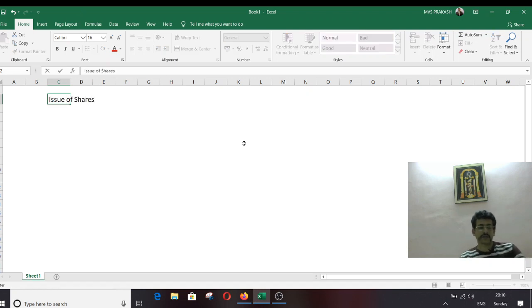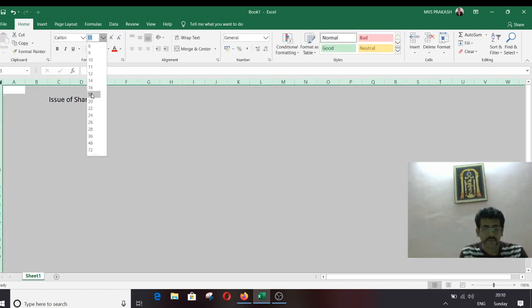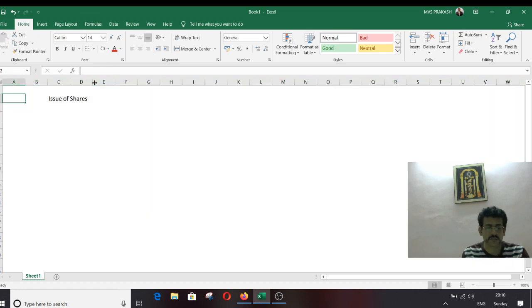Before getting into the accounting part, let us try to understand the different types of shares we have. We know we have something called equity, and we also have something called preference. So equity share capital is one thing, preference share capital is another.